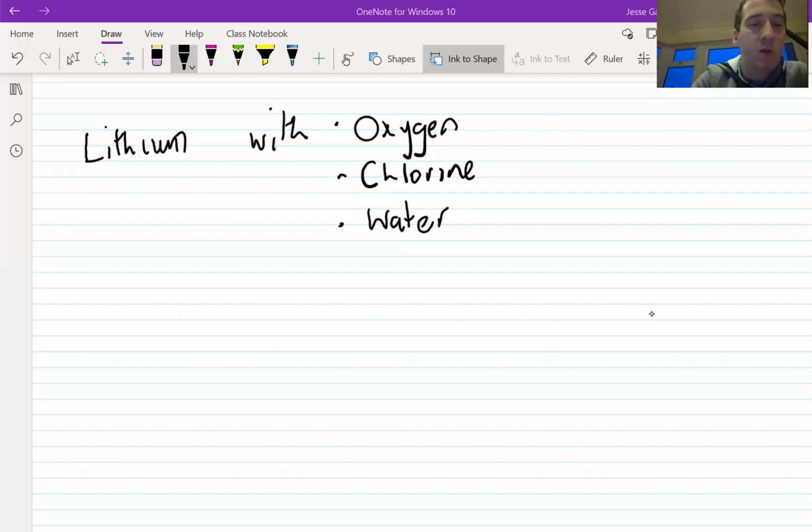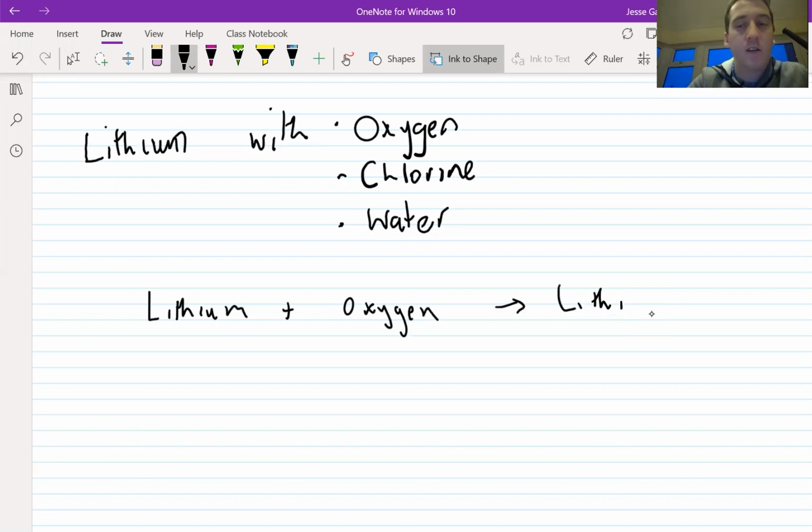Okay, I'm going to do these much quicker than the last one. I'm not going to pause at all. I'm just going to write. So we've got lithium plus oxygen gives lithium oxide. So that's the word equation. Well done if you got that right. What about the symbol or chemical equation?